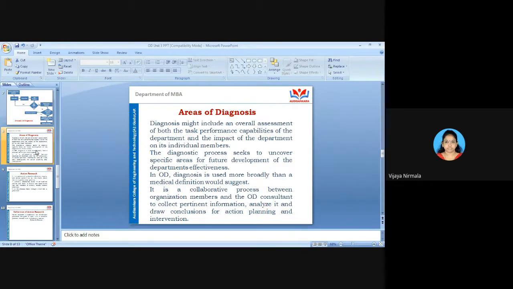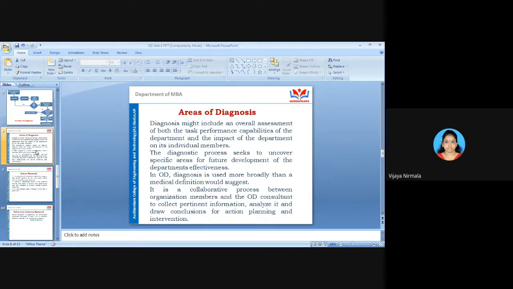It is concerned with the organizational process, and these include communication networks, team problem solving, decision making, leadership, and authority styles. So the goal setting as well as the planning methods and the management of conflict and competition. So in these two different areas, the diagnosis is being made.